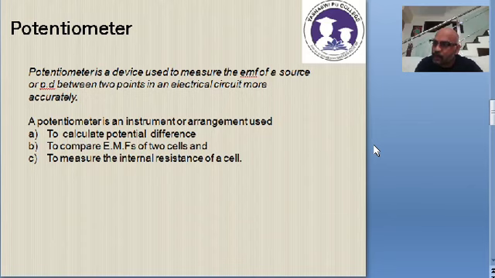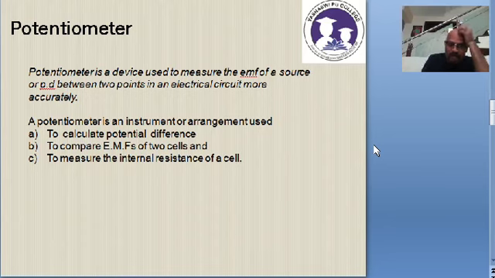But this potentiometer is not like that. The potentiometer will not draw current from the cell. It has its own arrangement for the current required for it, so that it won't depend on the cell. So that is the importance.